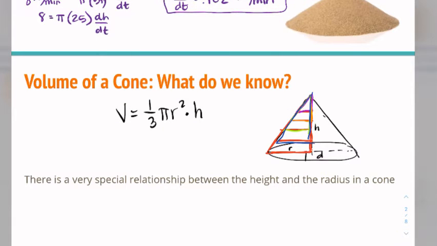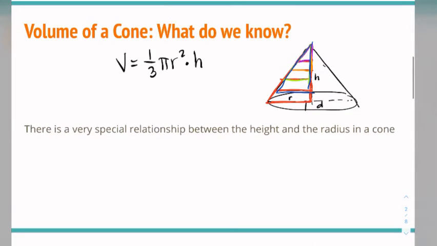So I know that the ratio of the height to the radius is always going to be the same. The ratio of height to radius will always be the same. So we have to remember that r over h is always going to equal whatever that is, a over b. It's always going to have the exact same ratio, no matter what.